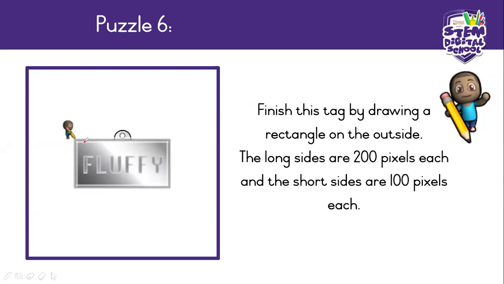Now the long sides, this part, is 200 pixels. And the short side, this part, is 100 pixels. The degrees here is 90 degrees. So remember, if we have a triangle or we have a rectangle or just a block, if you want to put it that way, it will always be 90 degrees.